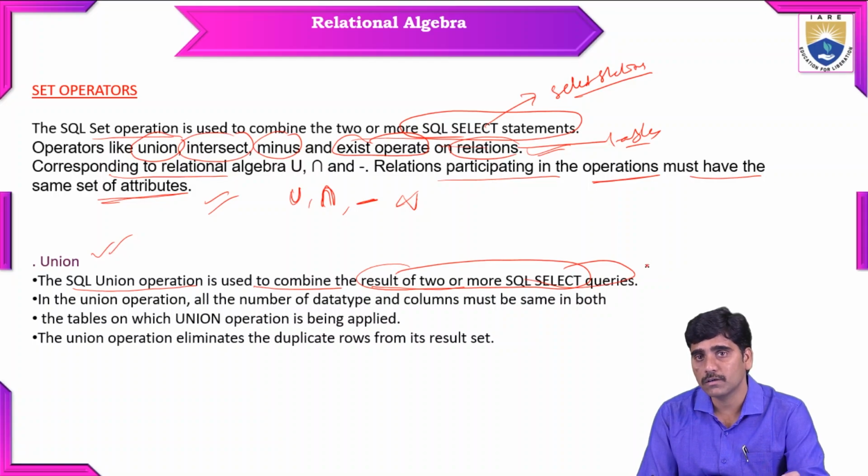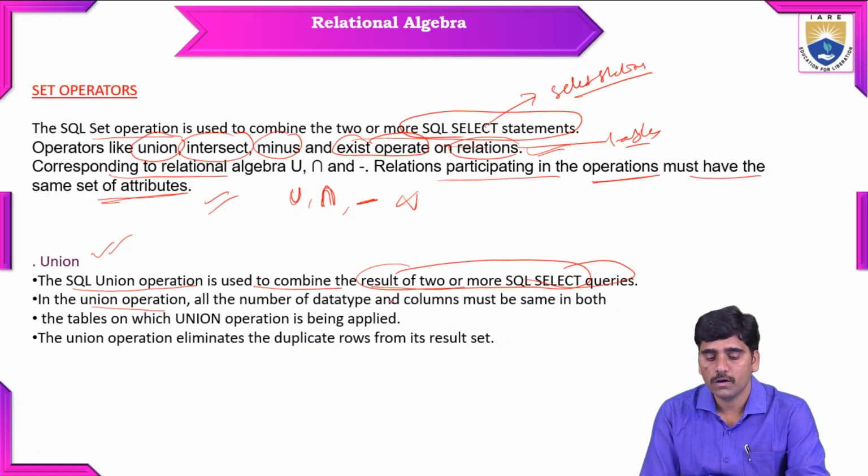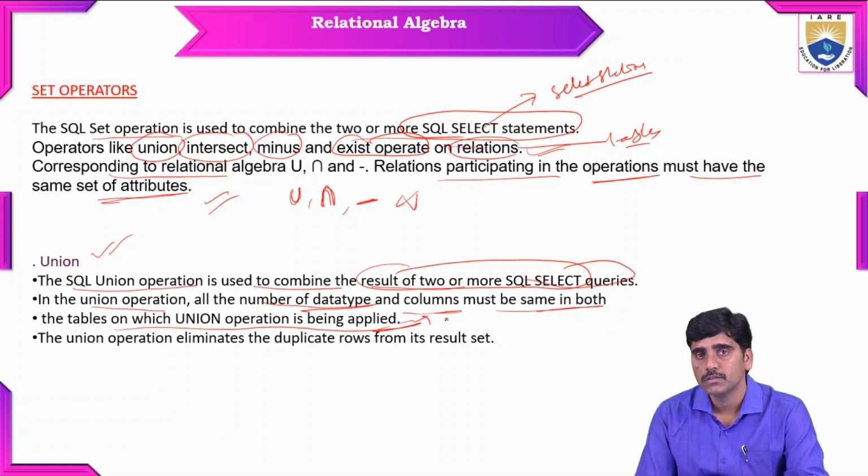For the union operation, the number of columns and data types must be the same in both tables on which the union operation is being applied.